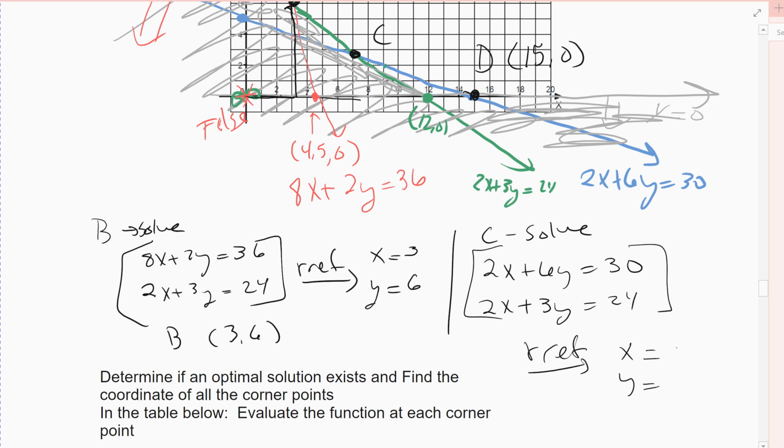Alright, give me a second while I type those in since I did a very poor job graphing. So I don't even think I came close.